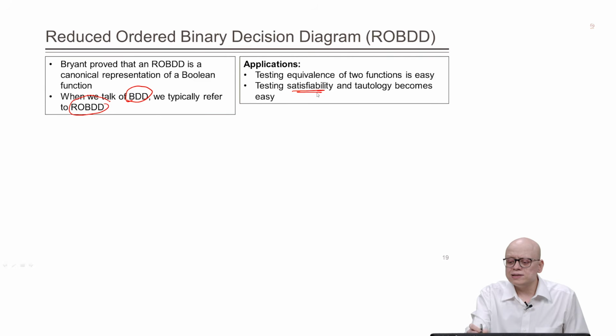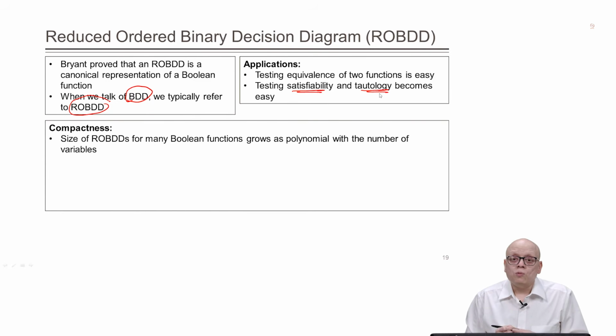Or a tautology, meaning the function is always taking the value 1. If that is the case, the ROBDD will be just one node, the leaf node having a value of 1, right. So, testing satisfiability, tautology, and equivalence of Boolean functions becomes very easy using BDDs.